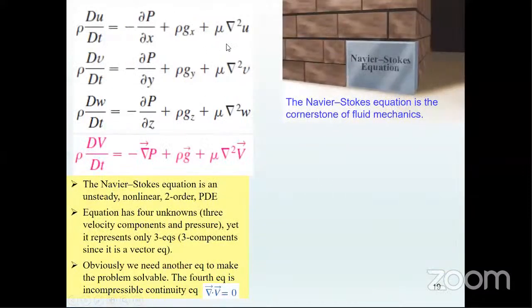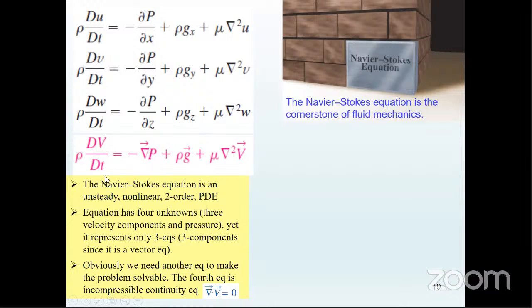This is along the u direction. If it is along the v direction, same thing with y, and with w the same case, or you can combine them together vectorially.